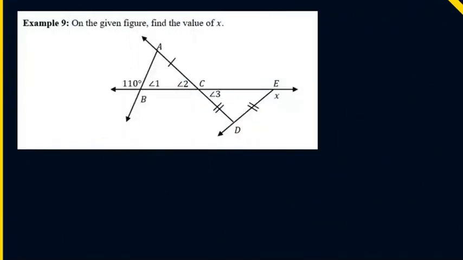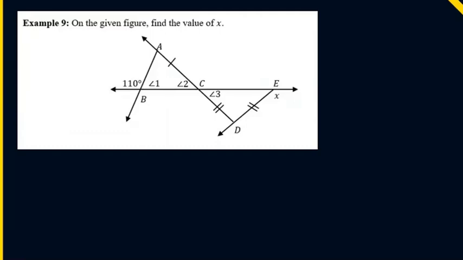So, example number 9: on the given figure, find the value of x. The value of x is angle E here. The given angle that we have is 110 degrees. Then we have angle 2, angle 1, angle C, and angle 3.